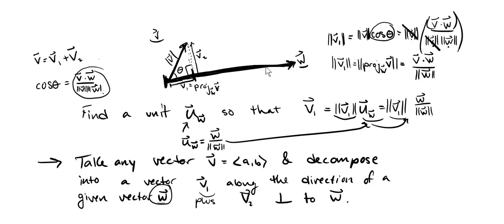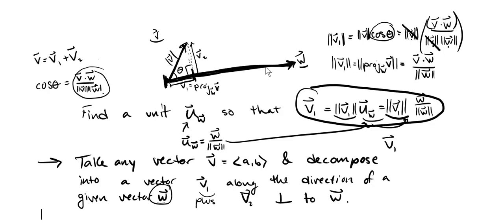So what do we have at the end of the day? We have that the vector we're looking for, this vector projection, is really just W over magnitude W times the length of the vector we're looking for. But we already worked out the length. That was up here. So I think of this as, here's all our length for this projection vector.